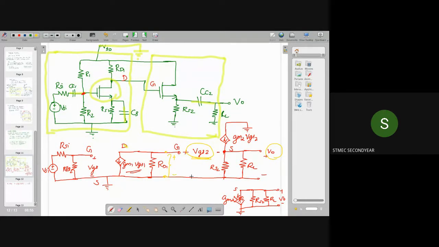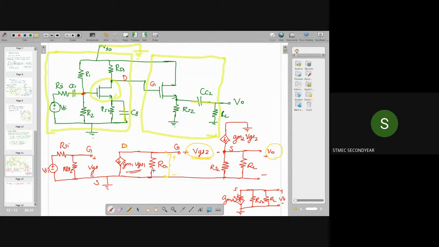Or simply we are applying KVL here. This V0 plus VGS2 will be equal to the voltage drop across the resistor RD1, right? So what is the voltage drop across RD1?